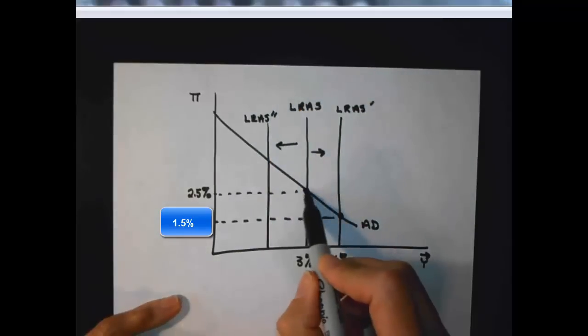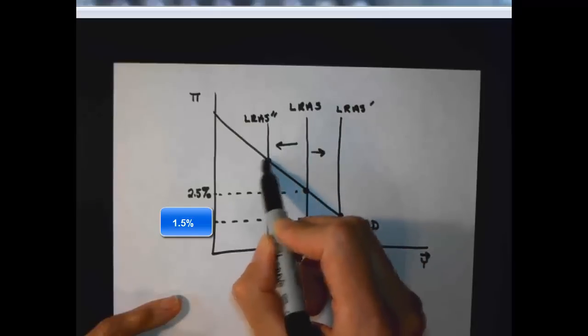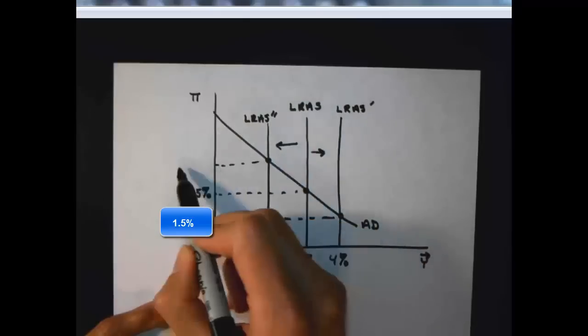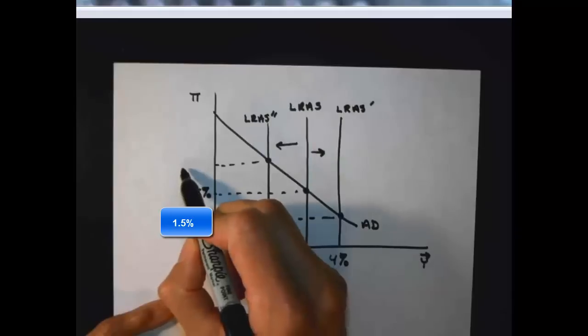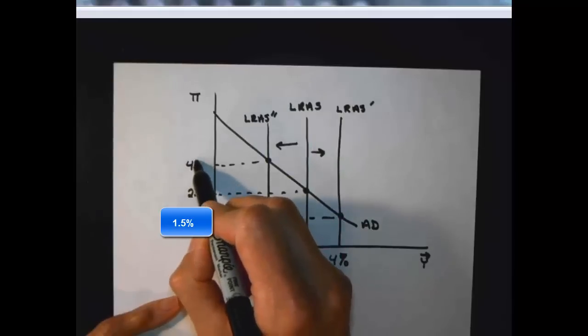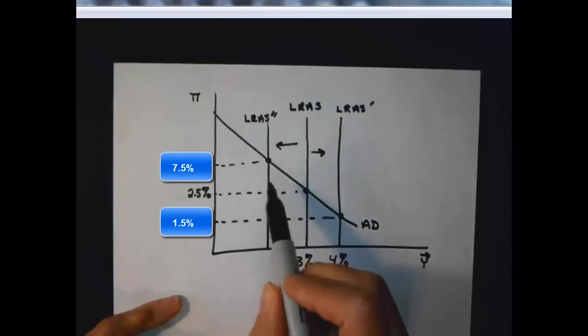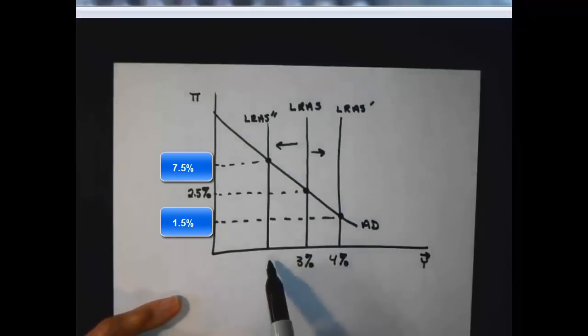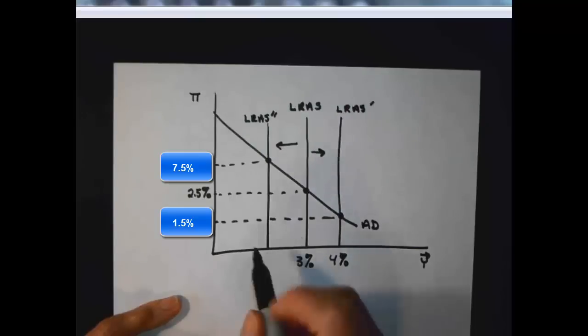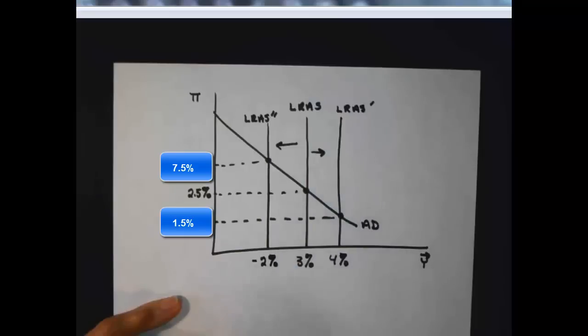Starting from, let's say, our initial equilibrium here, the result is going to be a higher expected inflation rate. In this case maybe the inflation rate will rise to 4%, but notice what we have too is a slowdown in the economy, and in the case of what we went through, that led to a recession, so we actually had negative economic growth.